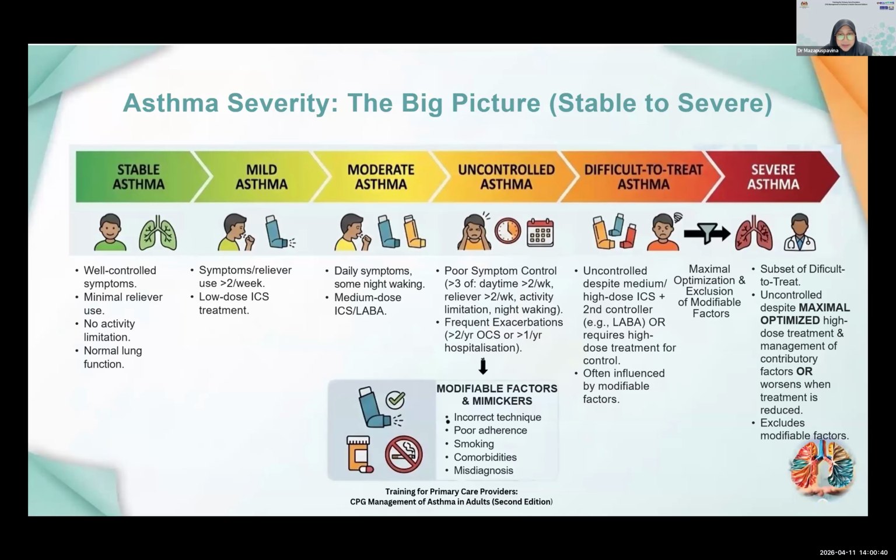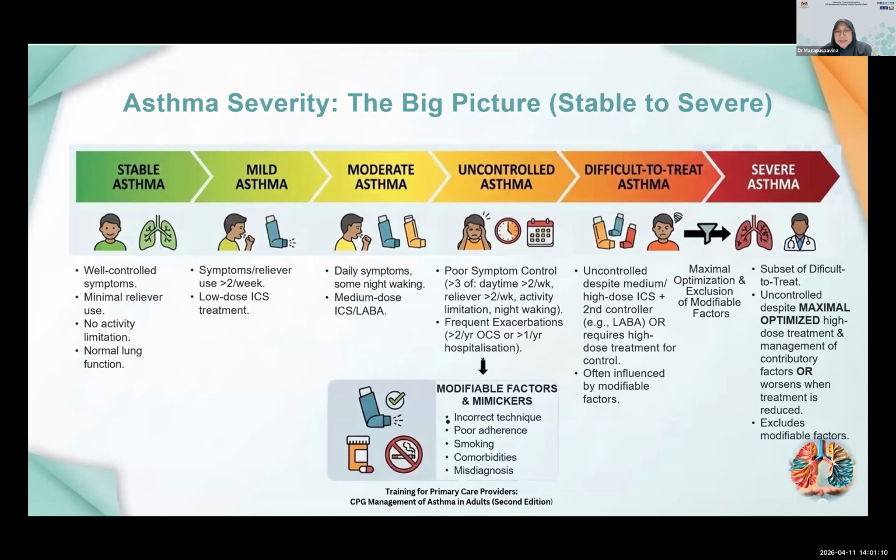Poor adherence is very common: 80% of patients say they adhere, but actually they might have poor adherence, which Miss Lee Ann will talk about later. Then smoking, and sometimes second-hand smoke or the environment can be triggers. Comorbidities too: in Malaysia nowadays, there are issues with obesity, with 50% overweight and obese in Malaysia.